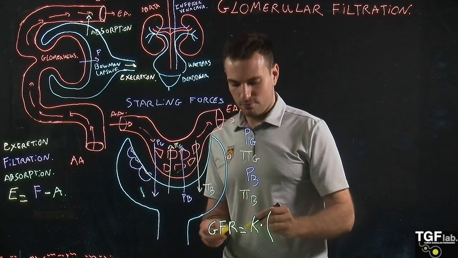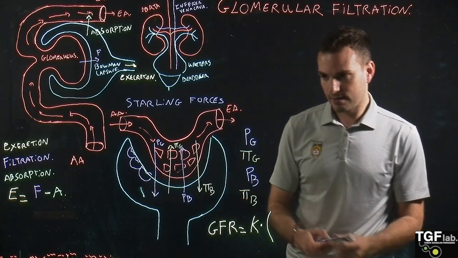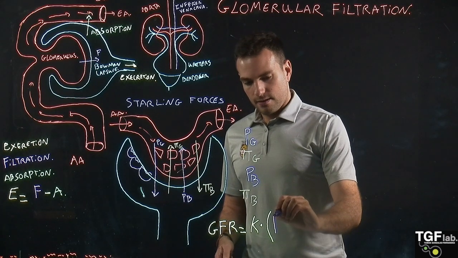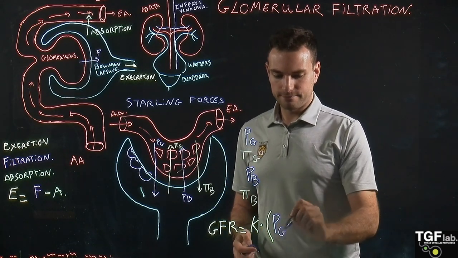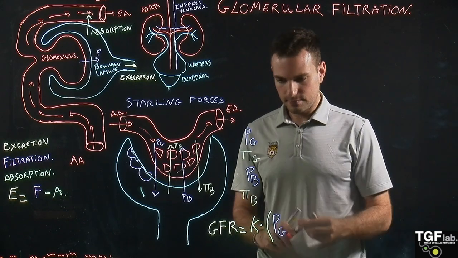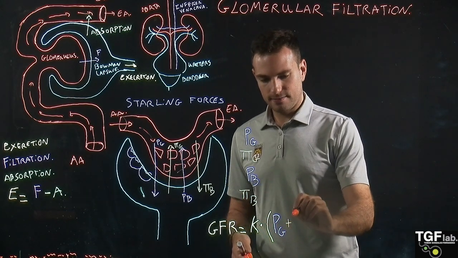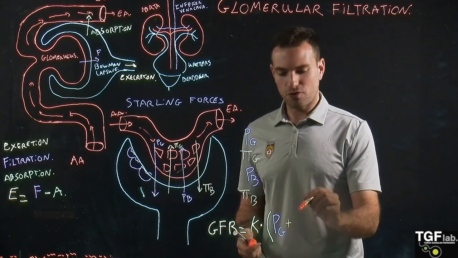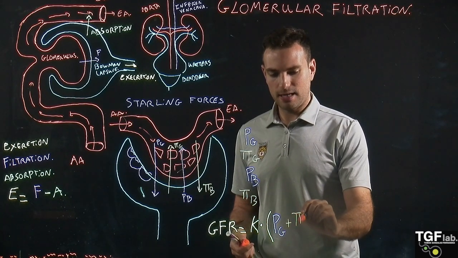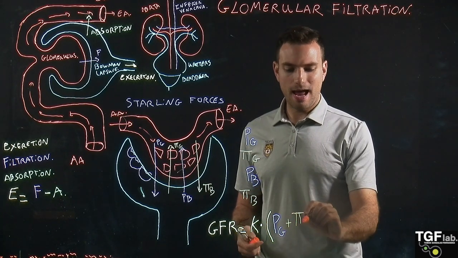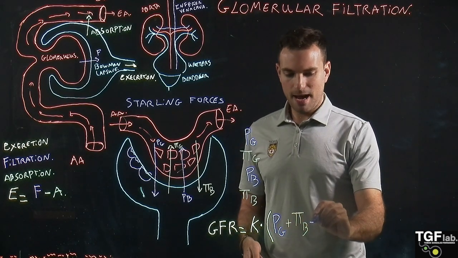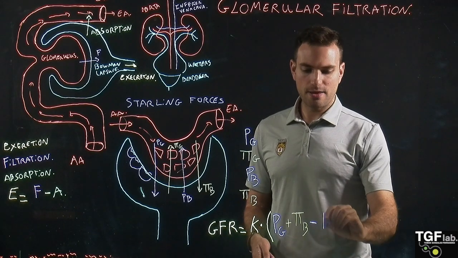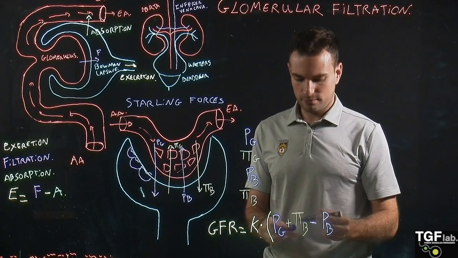This is going to be multiplied by the hydrostatic pressure at the glomerulus, plus the other force that is for filtration, which is the colloidosmotic force at the Bowman capsule, minus the hydrostatic pressure at the Bowman capsule.